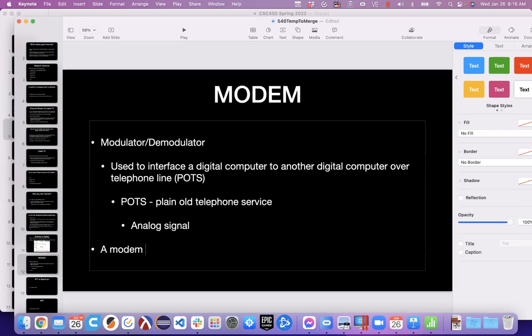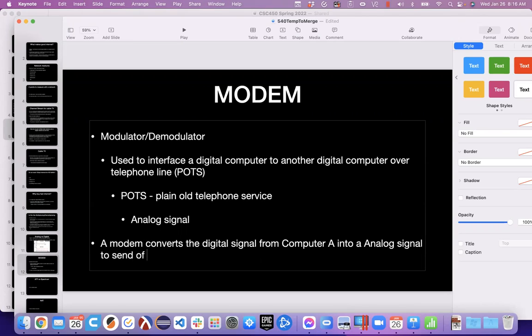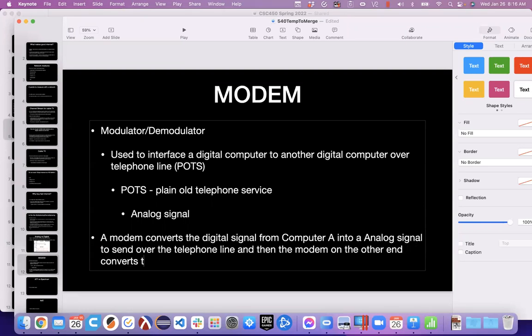A modem converts the digital signal from computer A into an analog signal to send over the telephone line, and then the modem on the other end converts the analog signal back to digital for computer B.